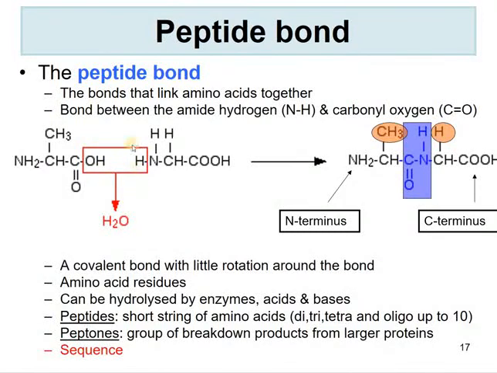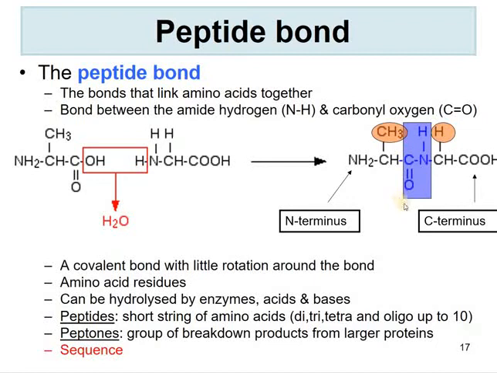This is the same process that also takes place in fatty acids when the ester bond is formed. It also happens in carbohydrates when the glycosidic bond is formed. So when the bond is formed, you then start having amino acid residues. And we usually call this a peptide.